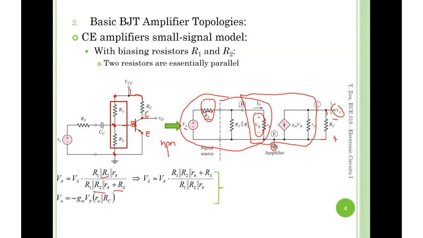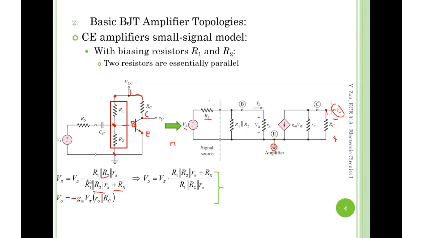Here and here share the total voltage Vs, and then you find the voltage divider. And of course, you want to count: 1 unknown, 2 unknown, and 3 unknown, with 2 equations. So we are done. That is enough for us to find the ratio between the output and the input source.